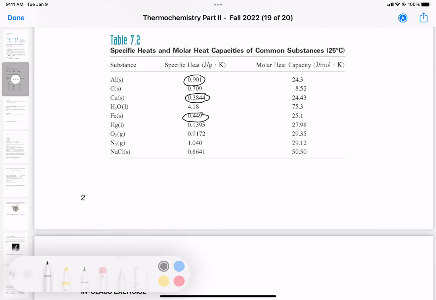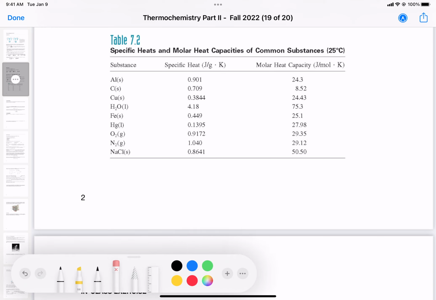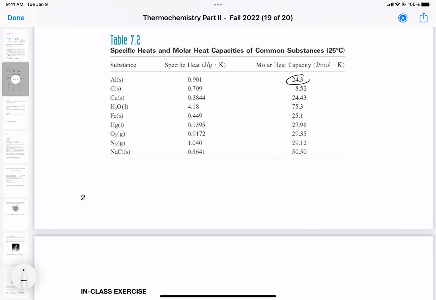Oh, okay. So we shouldn't think of grams in this case. We need to look at moles, because I was confused for a second. Aluminum has the highest here. So just don't think that if the specific heat capacity in grams is lower, the molar should follow the same trend.